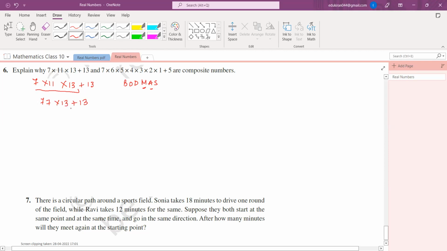And how much is 77 into 13? Let me just check it quickly. Yeah, it's going to come 1001, right? Plus 13. Now just add it. It's 1014, right? Now you can directly tell from here what a composite number is. First of all, it has more than 2 factors.